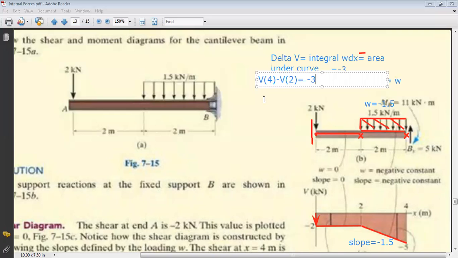And I know that V at 2 is equal to minus 2. So I deduce that V at 4 is equal to minus 3 plus V2, which equals minus 5, because I have minus 3 minus 2 equals minus 5. And now I am done with my diagram for shear.